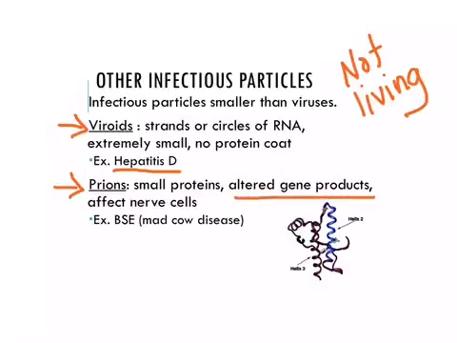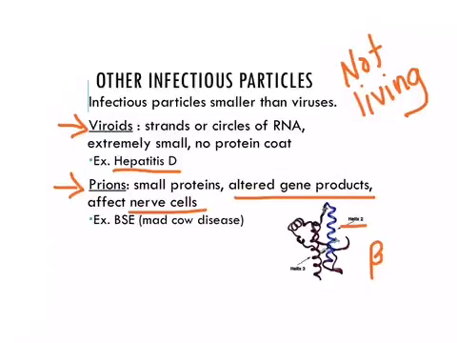What they do is they change the shape of the protein from a helix shape, which we talked about, to the beta pleated sheet. And this change, as it attaches to cells, this change can cause clumping and a buildup of the protein, and most commonly it's seen in nerve cells, in brains.